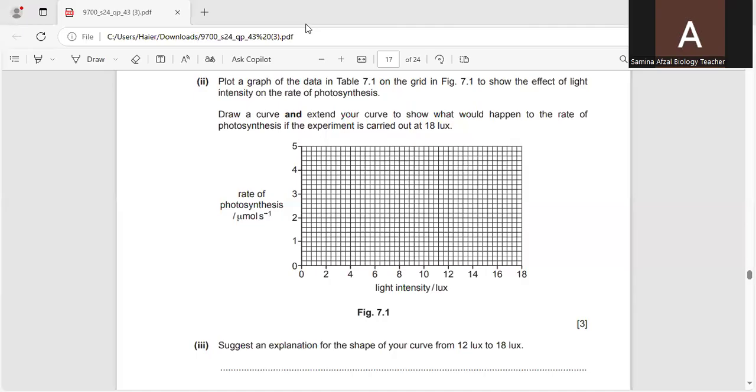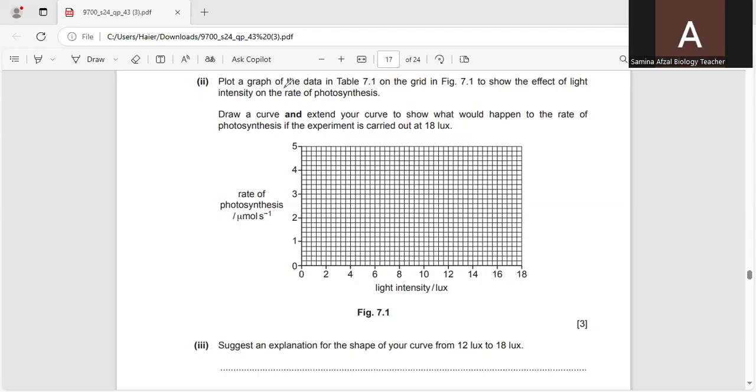Now, students, I will try my best to draw this because I have to draw on the laptop screen. On x-axis the light intensity is given, and on y-axis the rate of photosynthesis is mentioned. So we have 5 values, so we have to draw this.